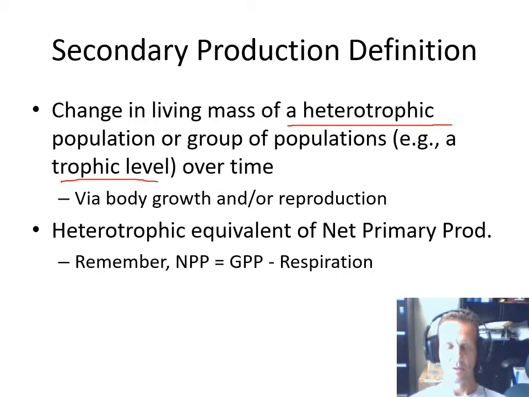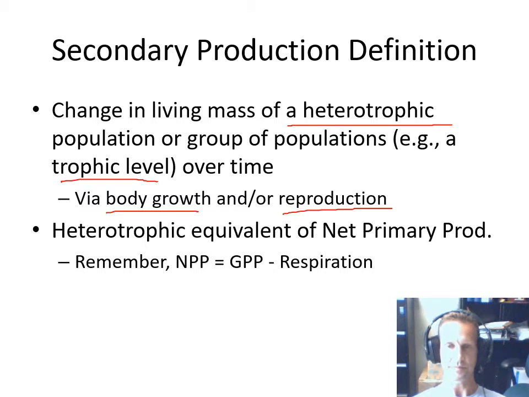And the way that heterotrophic organisms can increase their biomass, can increase their amount of organic matter, is via growth or reproduction. So an individual organism can grow in size, or it can make more organisms, and both of those can lead to an increase in the living mass of the population or trophic level that you're focused on.